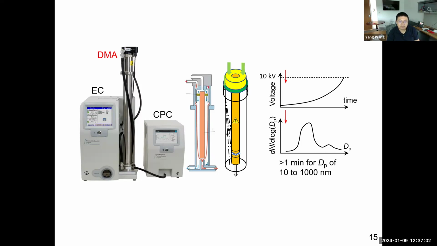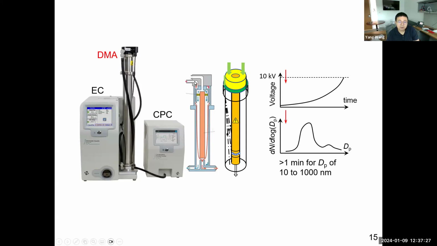So here it shows the schematic diagram of the DMA system. You can treat the DMA as two concentric cylinders again, although this time it's not spinning. It's just fixed onto this whole SMPS system. These two cylinders are conductive, made of metal. The inner cylinder is connected to a certain high voltage and the outer cylinder is grounded.